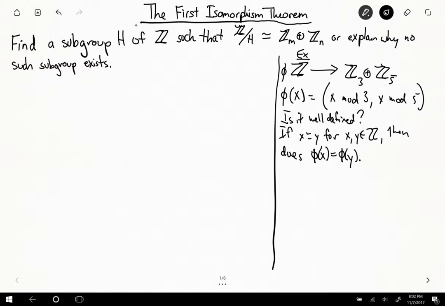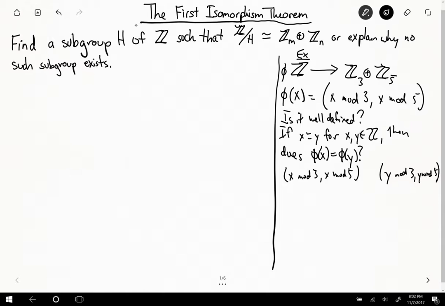And in this result, what do we have? For phi of x, that would be x mod 3 and x mod 5. And for phi of y, you have y mod 3 and y mod 5.